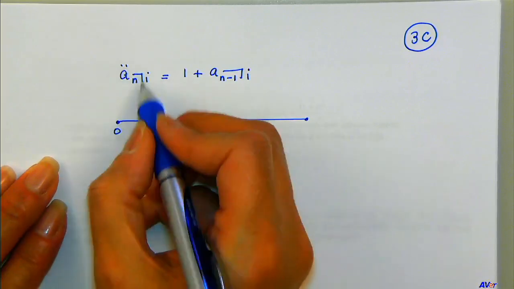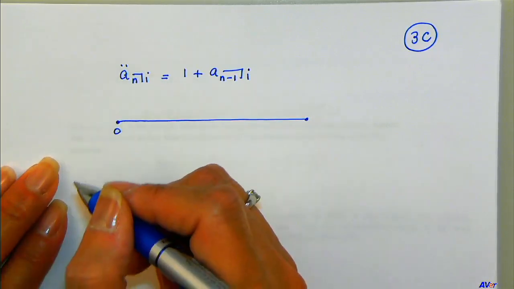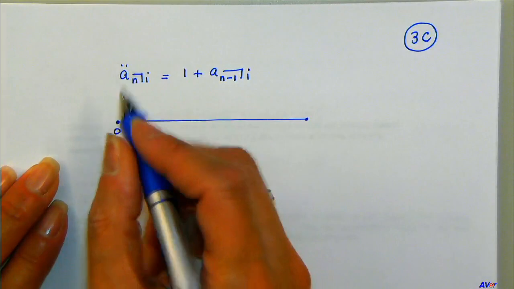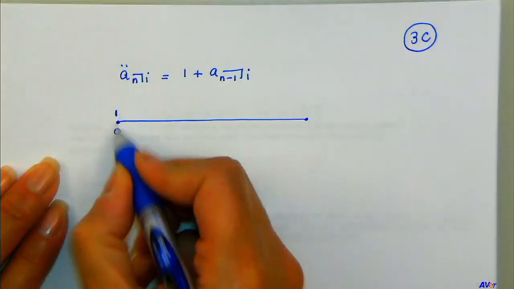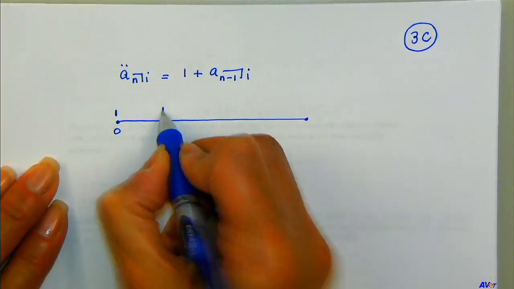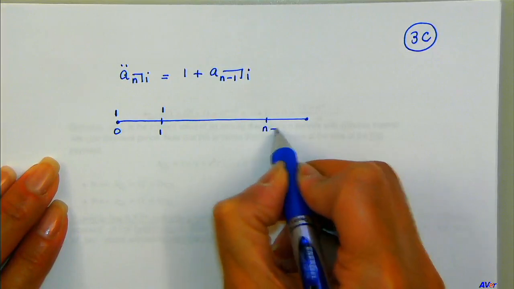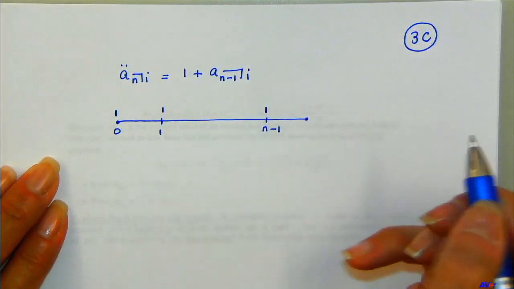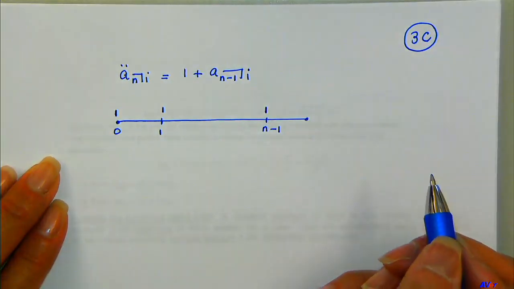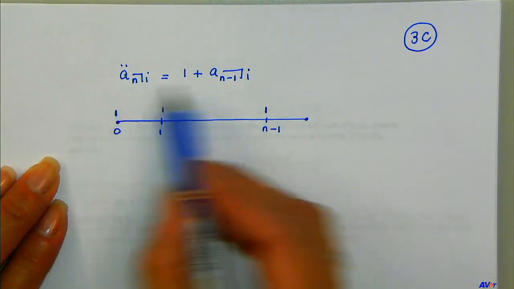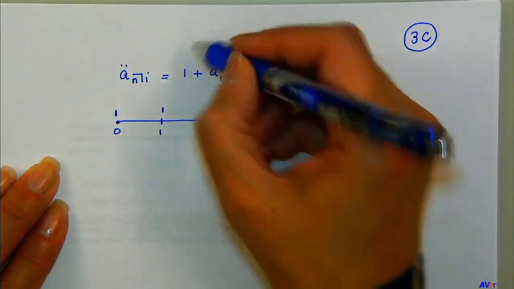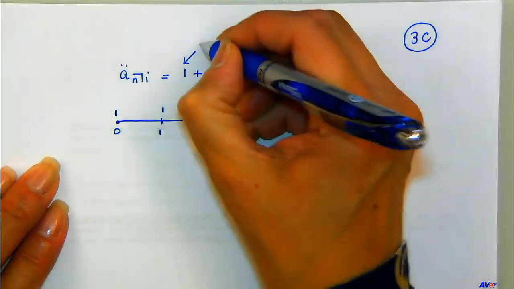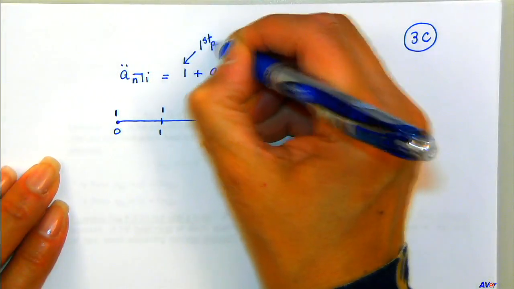A double dot angle NI is the present value of a stream of n payments, the first one starting at time 0. So at time 0 I have 1, time 1 I have 1, time n minus 1 I have 1. So what I'm trying to say here is this 1 is the first payment.